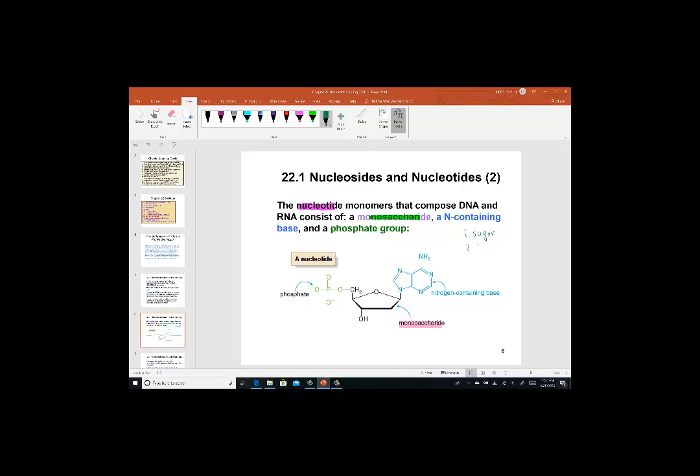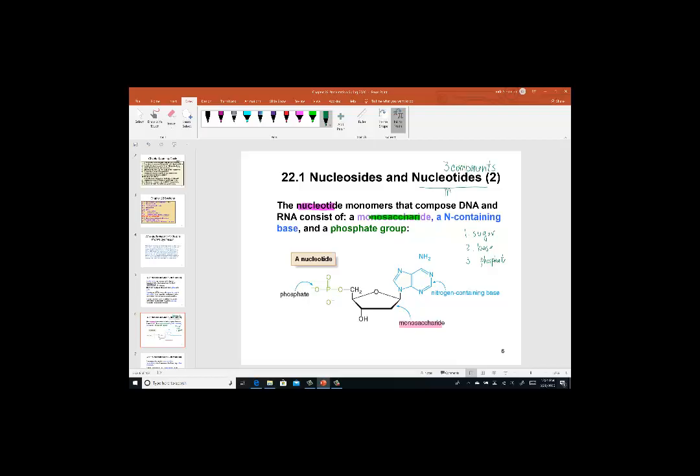You'll need a base, and the base is always a nitrogen-containing base, and we'll study those here. And then the 3rd component is a phosphate group, which is a very high energy bond in these monomers. So the nucleotides have 3 components.